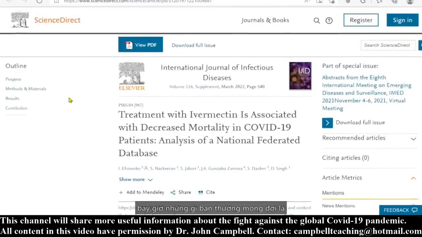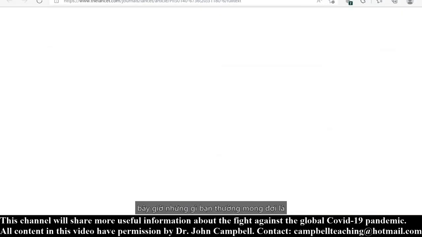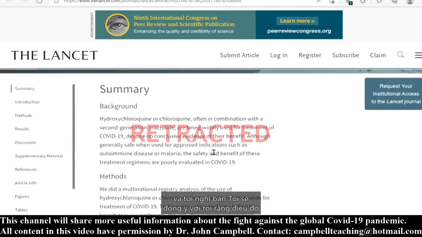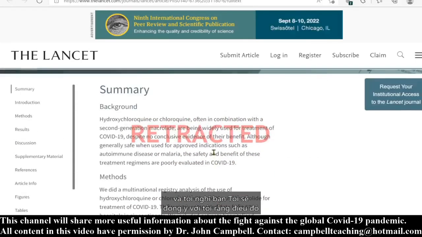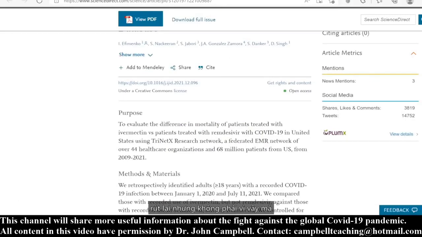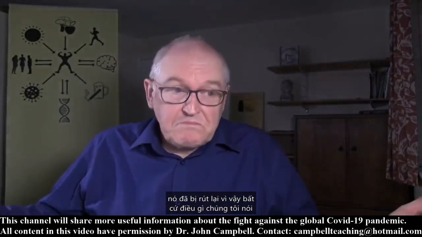Now, what you would normally expect is this example here of a retracted paper. And I think you'll agree with me, that's pretty unambiguously retracted, but not so on that one. So quite what's going on there, not entirely clear, but it does look like it's been withdrawn. So anything we said about it is predicated on nothing because the abstract's been withdrawn.